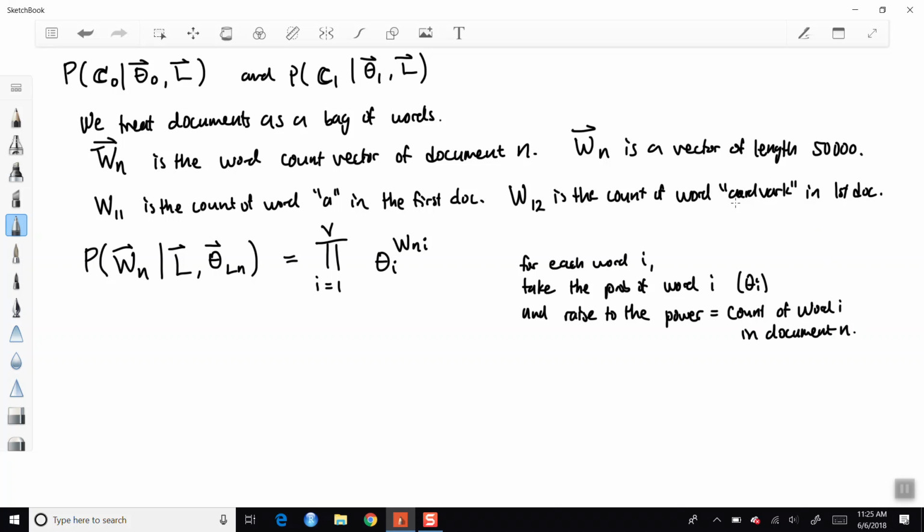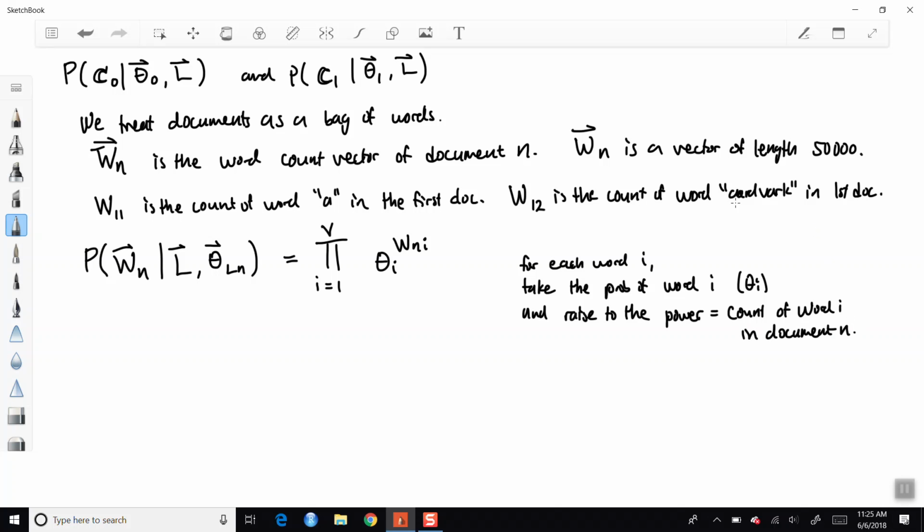And then a corpus, because we're treating it as a bag of words, is taking each bag of words and dumping all the bags together in a big bucket, which we're going to call the corpus. So if there are 20 documents of class 0, we take the individual bags and dump them together into the bucket, and that becomes the corpus for class 0.